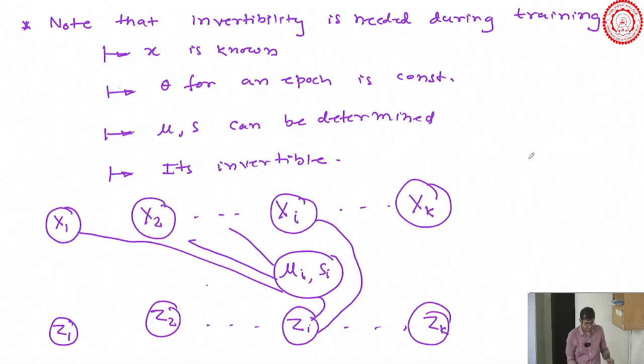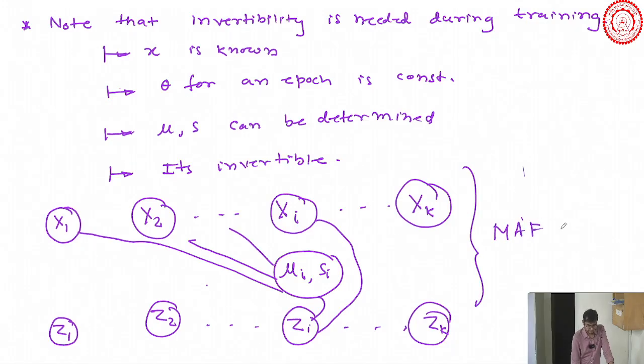So this is known as MAF. I will give you one diagram of mask autoencoder, or MADE. So in MADE, the network looks like this.